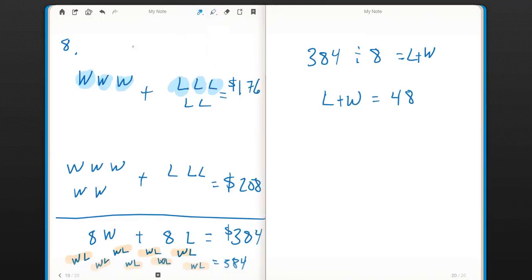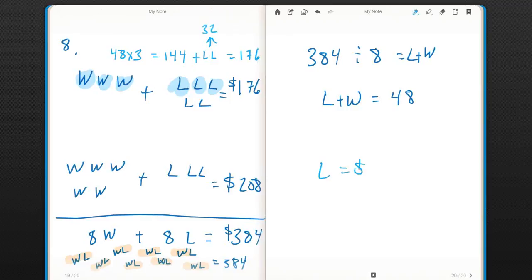So I have 48 times 3 is 144, and I buy 2 more lamps, and I spend $176. Those 2 lamps must cost me $32, and that means that 1 lamp is equal to $16.